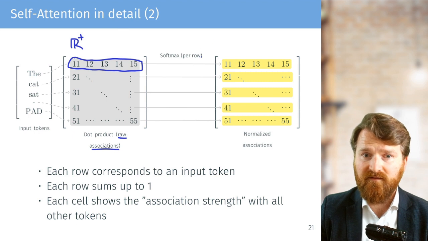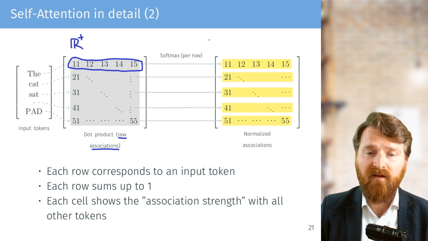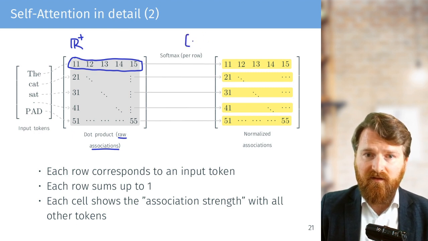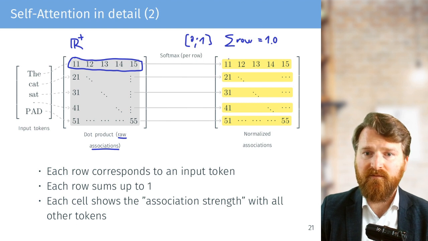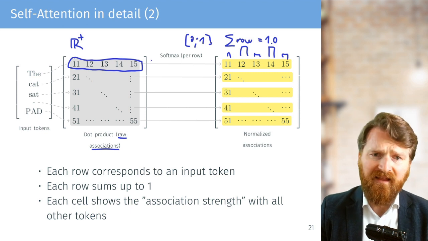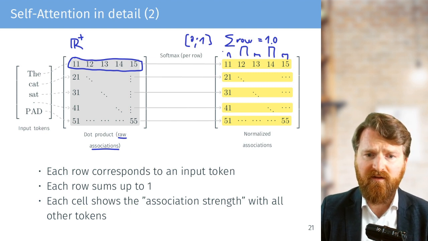Softmax squashes everything to the range of 0 to 1, and also makes sure that everything sums up to 1. So it's a probability distribution, like a histogram, and we do it for each row.